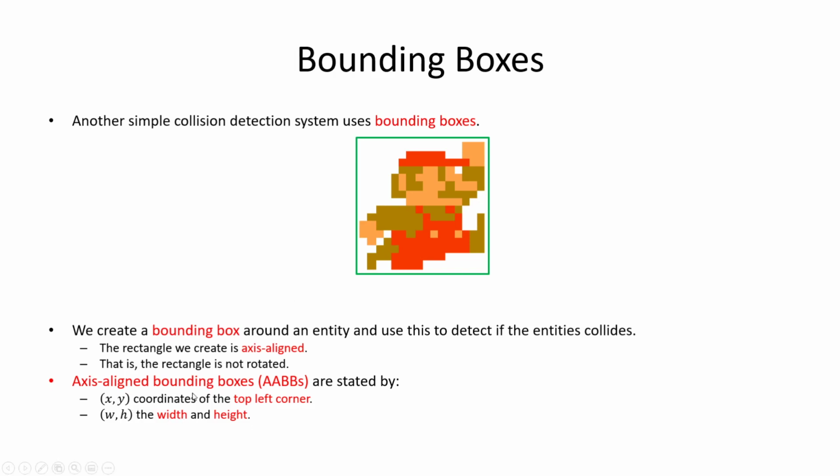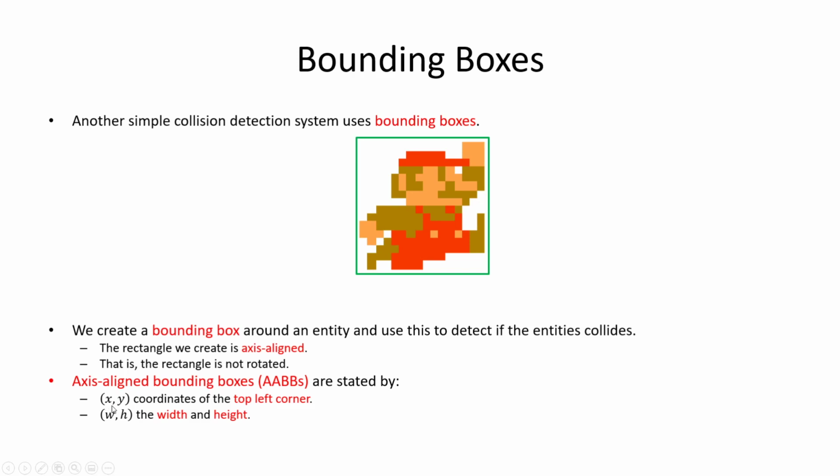With an axis-aligned bounding box, we actually only need two of the corners. If we were going to describe a normal, possibly rotated rectangle, then we would need to have all four corner points. But for an axis-aligned bounding box, we can get away with just two corners, technically, but usually the way that we like to state this, because this is common in a lot of our rectangle descriptions, say drawing a rectangle on the canvas, we do it this way as well.